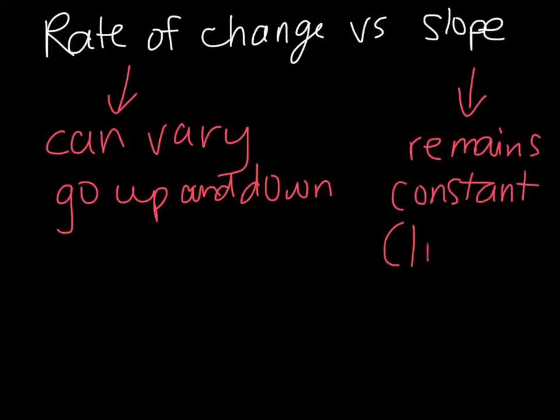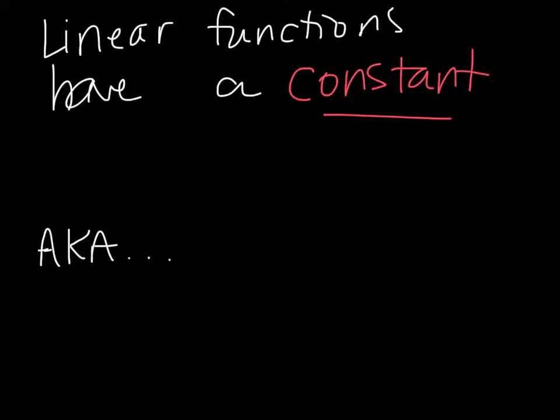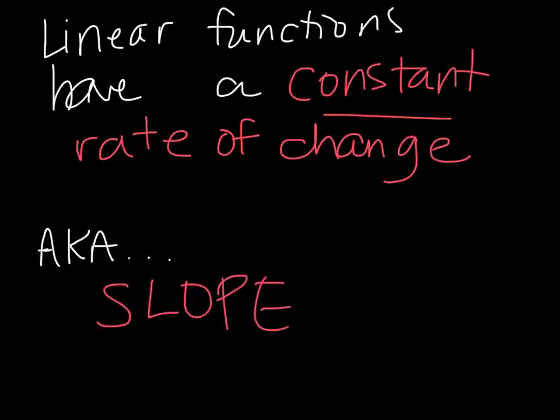And slope is like what we think of in a line. A rate of change might be going up and down and up and down, and it doesn't have that constant change, and so it doesn't create just a straight line. Linear functions are always going to have a constant rate of change, and that's also known as the slope, which is what we usually call it.